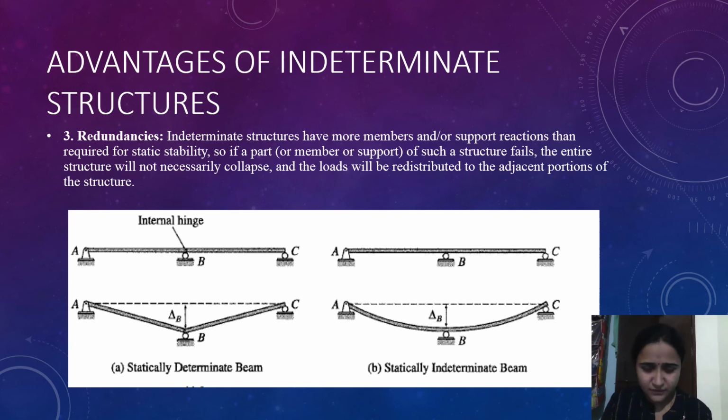If part of this beam fails, the entire structure will collapse. And in the statically indeterminate beam, it has a sagging shape, so it cannot break completely. So this is another advantage.